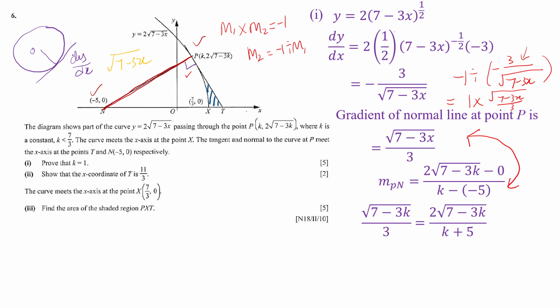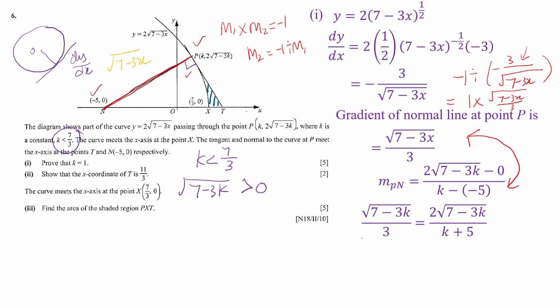And we are told that k is less than 7 over 3. So that makes square root of 7 minus 3k a positive value. Okay?